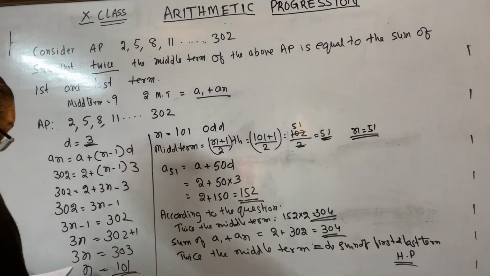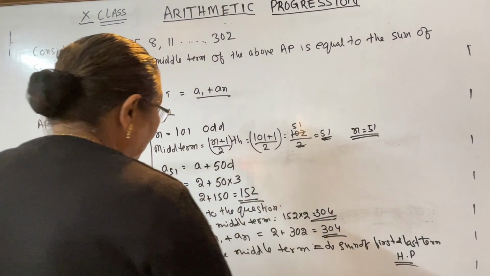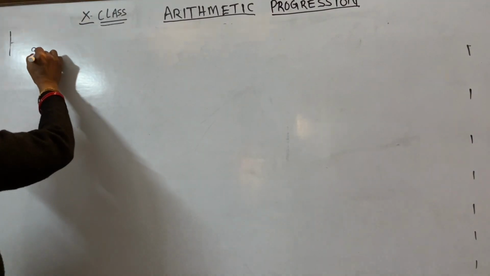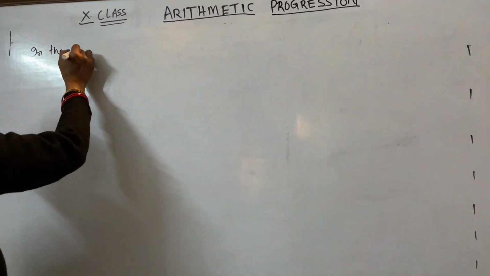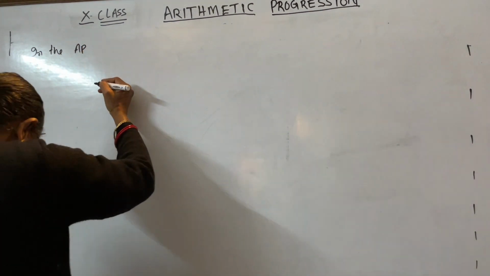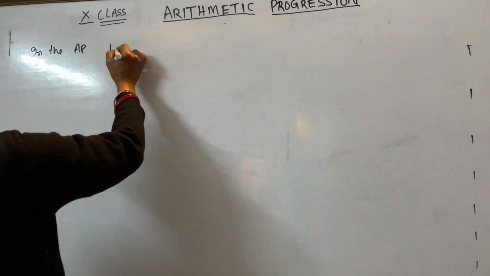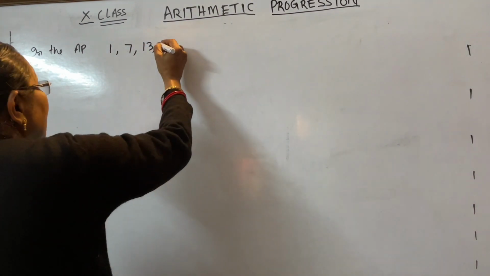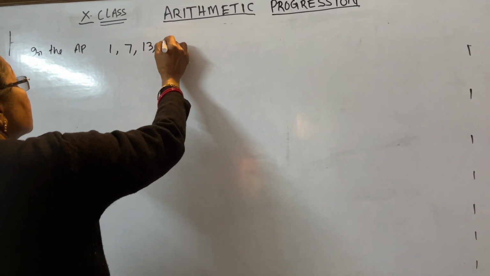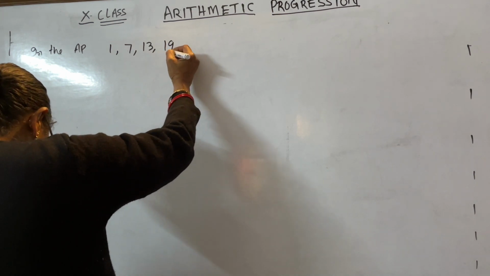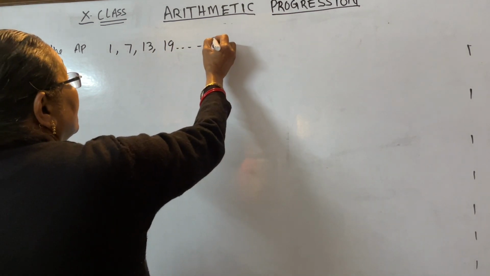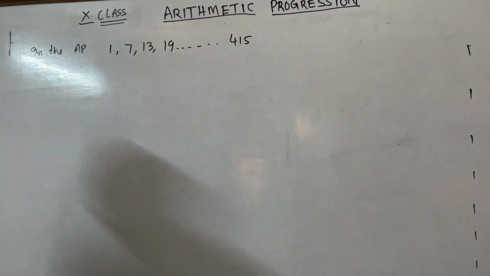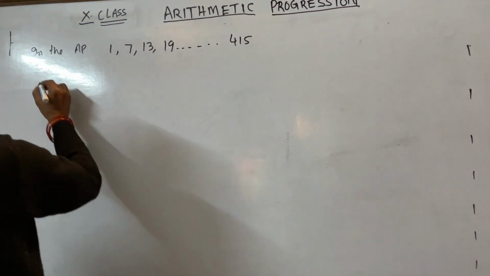Okay. Now this type of sum again we shall do. The AP is 1, 7, 13, 19, and like that it goes up to 415. Okay, he has given the AP. Now what does he say?